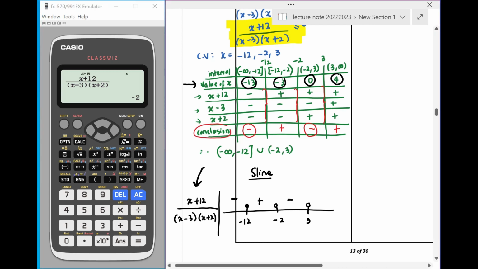Okay, negative. And then the last one, calculate 4. I get a positive. Okay, so that's the only step you have to do. Just substitute the rational expression into our calculator, choose a value of x, and then calculate them.